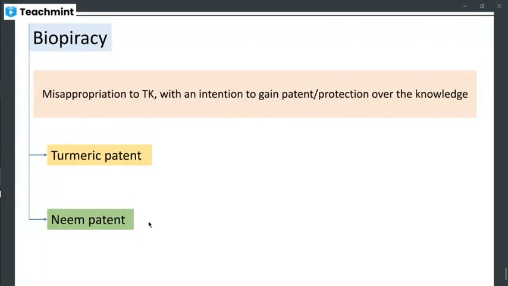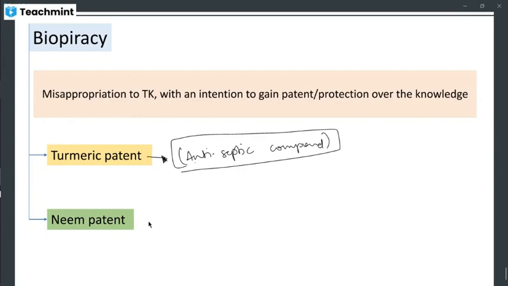Okay, so hope everyone knows that in many Indian households, turmeric is used as an antiseptic compound, right? So whenever we are having any injury, we will immediately apply turmeric. It has been followed for many generations.